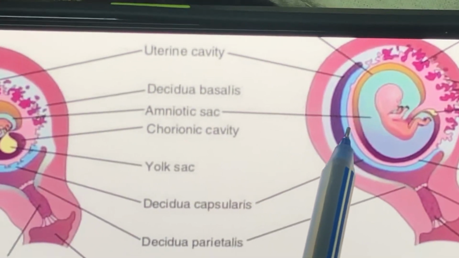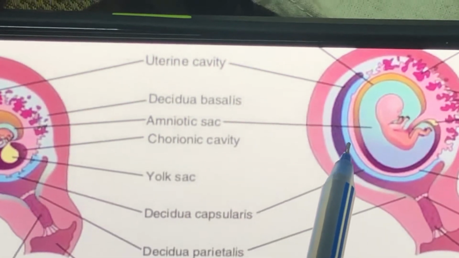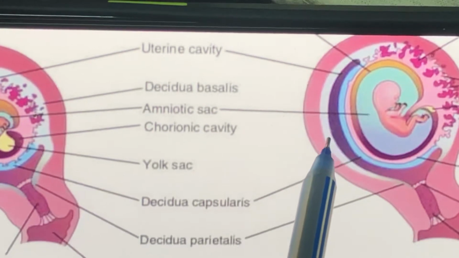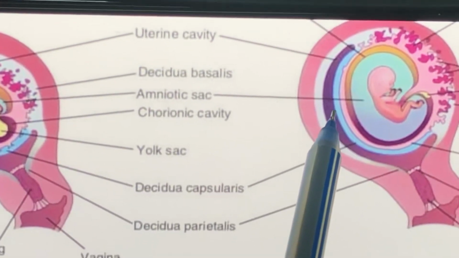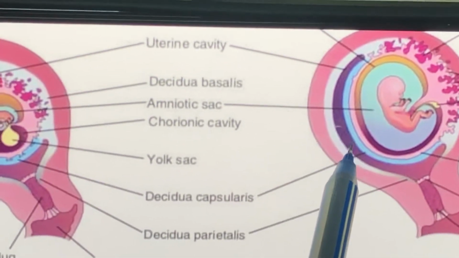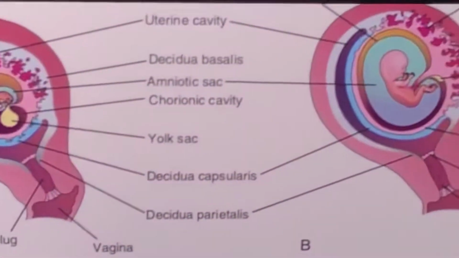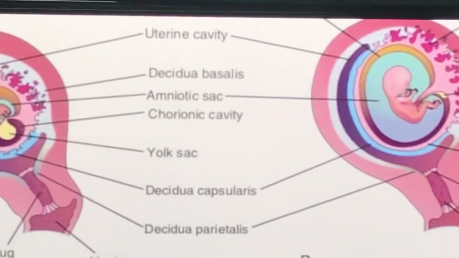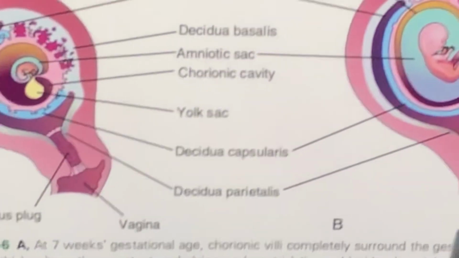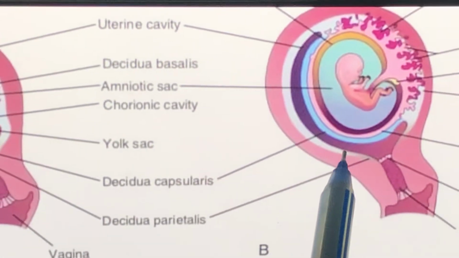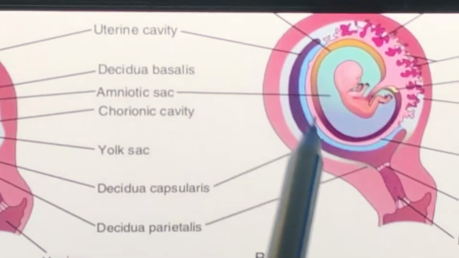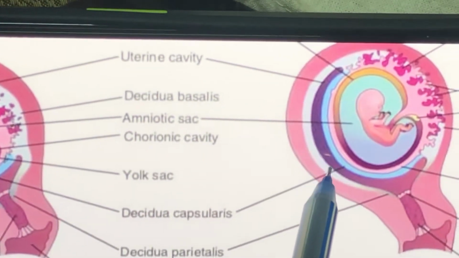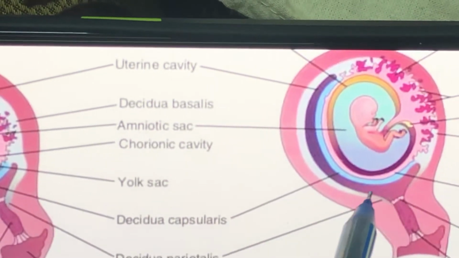Once this blue color chorionic membrane gets attached over here and again it gets detached, then the subchorionic bleed occurs in this area, and then it is called subchorionic bleed. Otherwise, it is just a simple uterine cavity having fluid inside here.